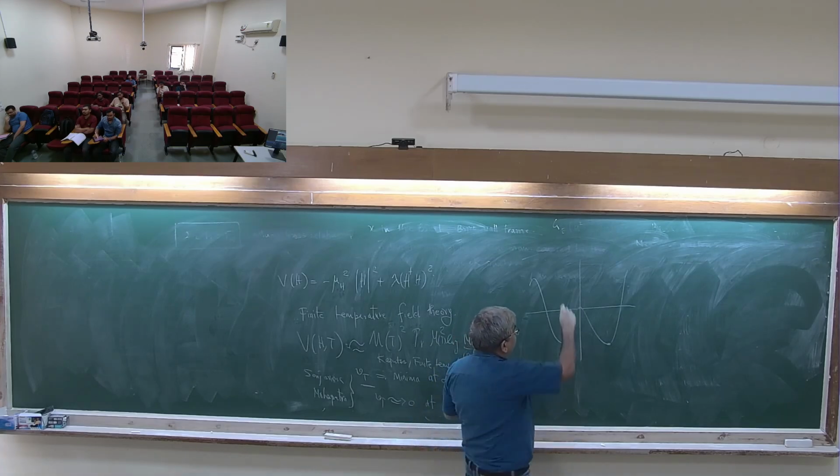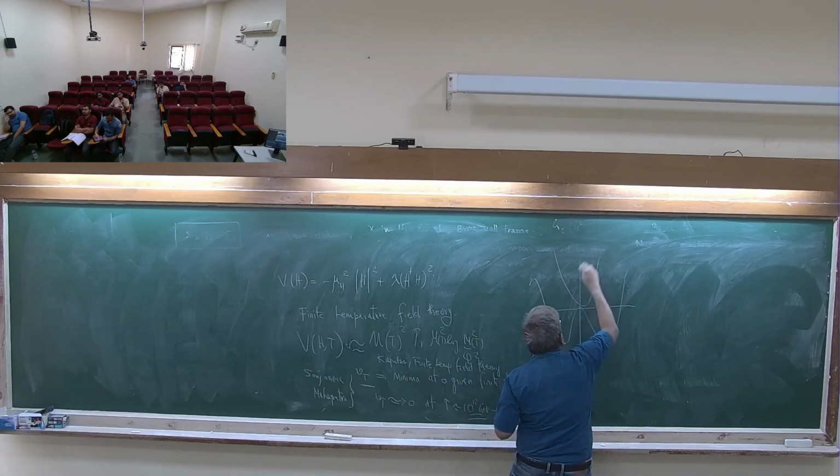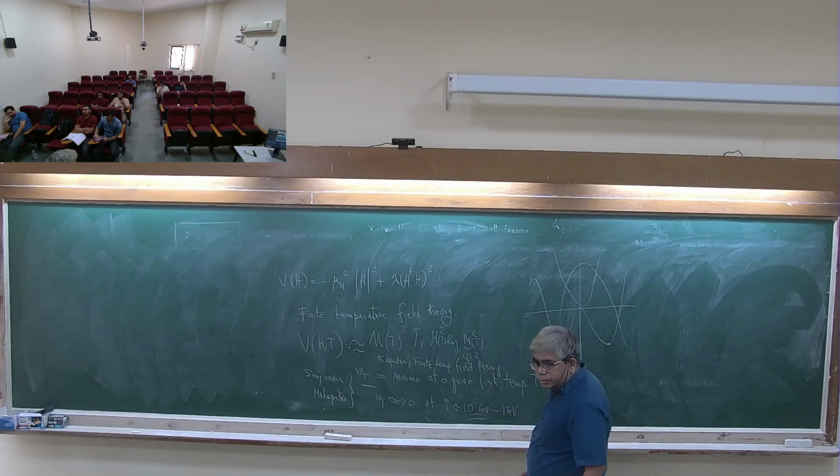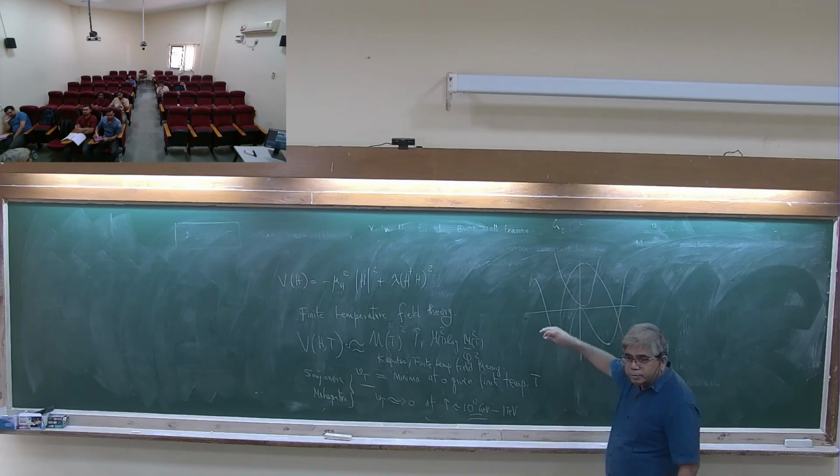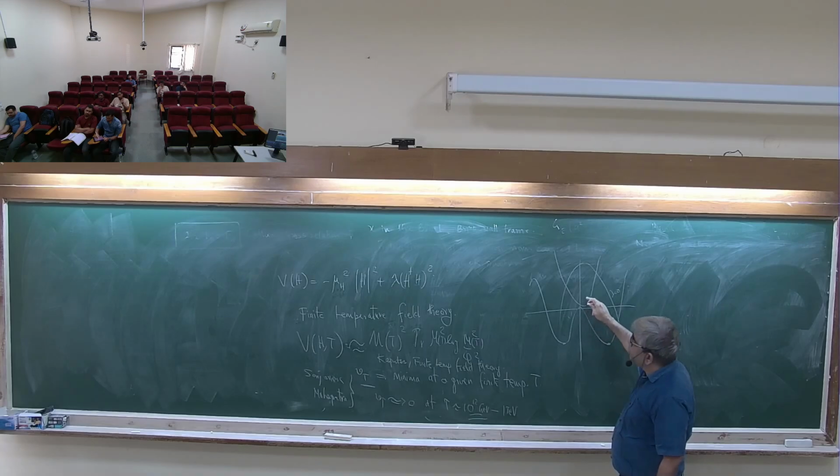At some point it just becomes like this, and at some point it may also become like this when lambda becomes negative. At some point, when lambda is very, very close to 0, it may become like this. But does it mean that the symmetry is restored?